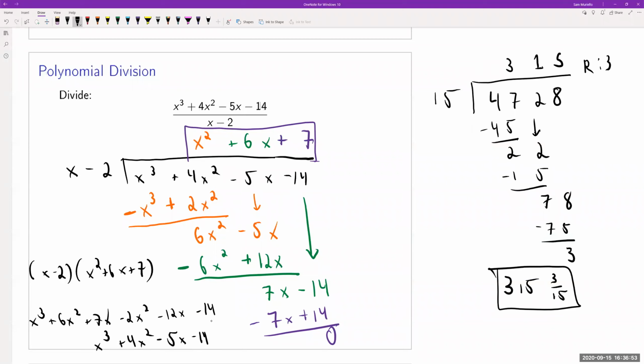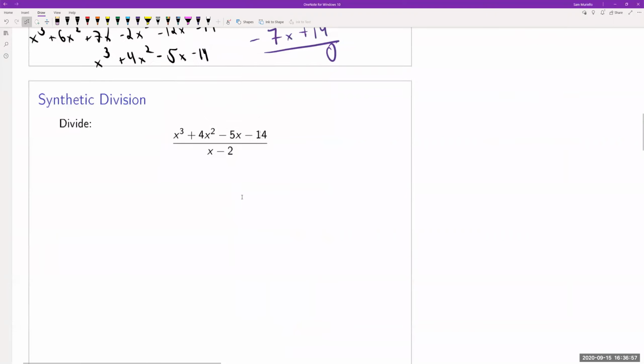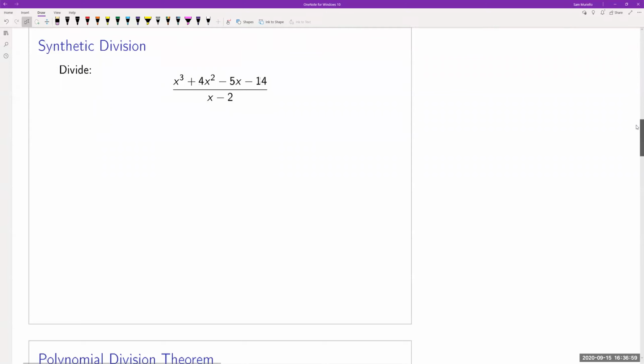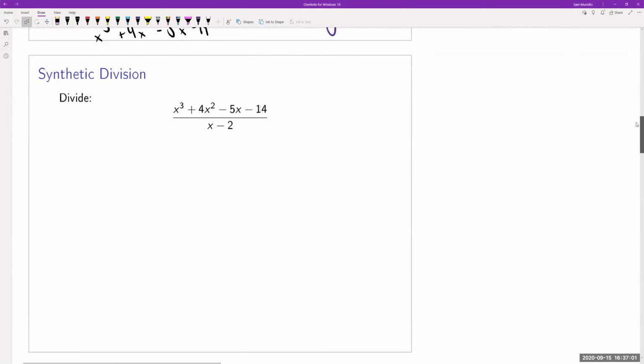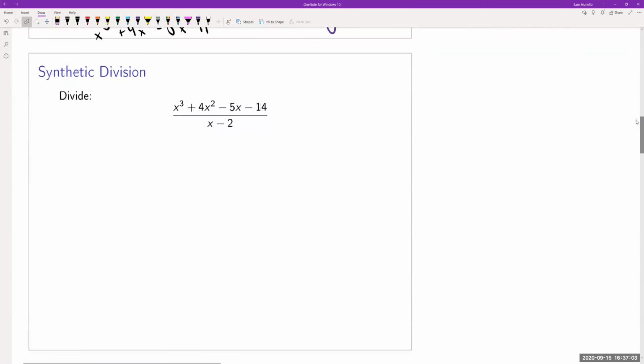Now, you may recall another way of doing this using synthetic division. And the idea of synthetic division is that we want to boil this down to its core elements. Rather than writing every single bit of this down, we would like to just focus on the basics. So for synthetic division, we need to just write down these important pieces.